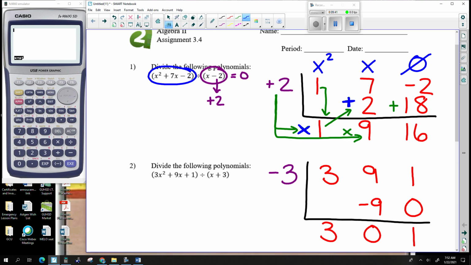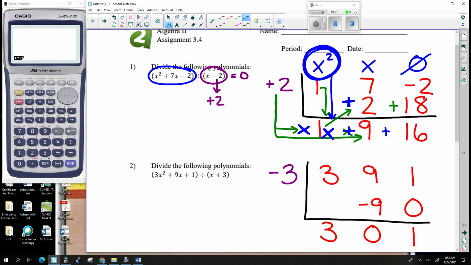Now, what is my answer? Okay, what is my answer? If this original problem began with an x squared, the answer, which is on this outside, is 1 less of that. So if that's an x squared, this answer is an x. Okay, that answer is an x. And then this is a positive 9, nothing.